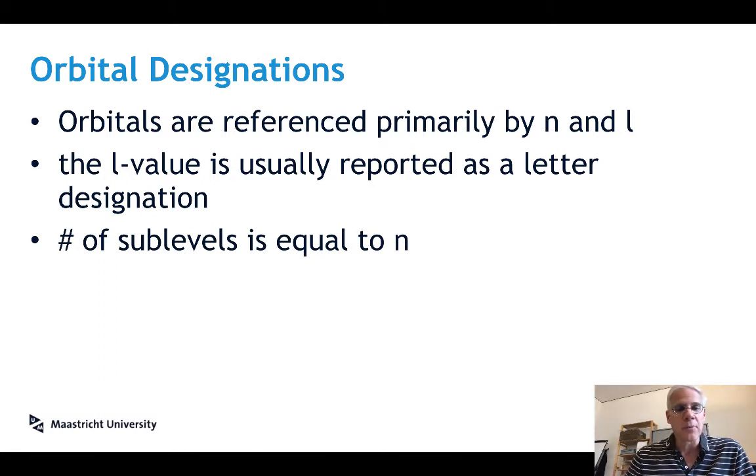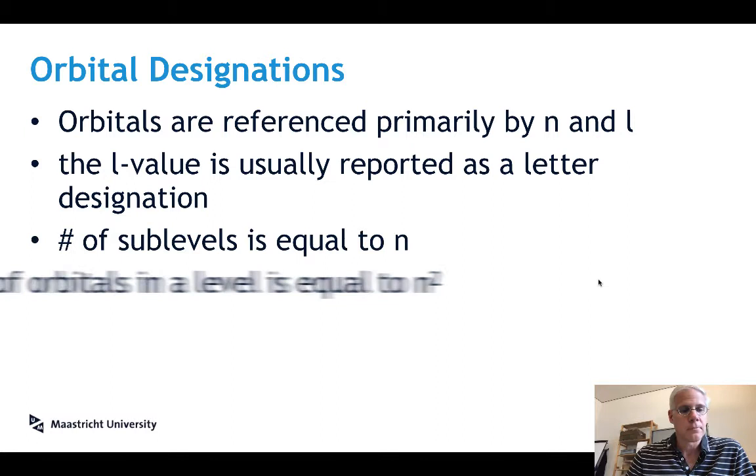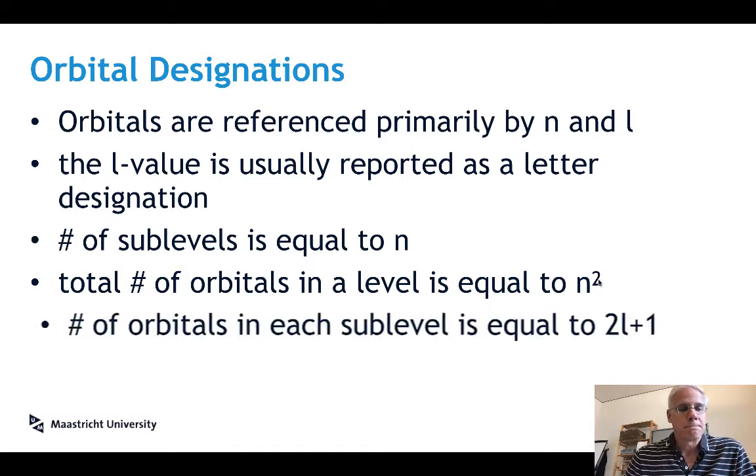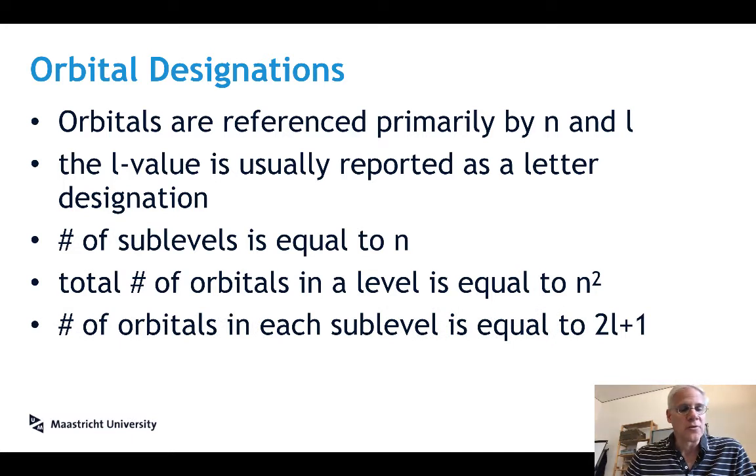The number of sublevels that we have is always going to be equal to N. And the total number of orbitals within an N level is equal to N squared. If we look at the number of orbitals in a sublevel, so a sublevel would be an L value, the number of orbitals will be equal to 2 times L plus 1.